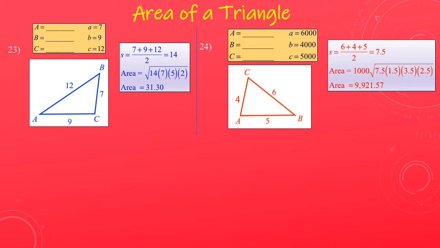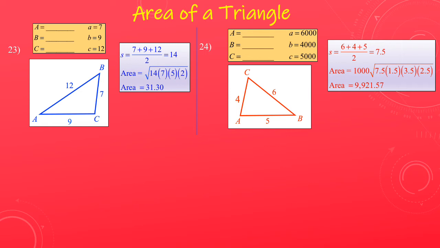We also had a 6,000, 4,000, 5,000 triangle. We created this and eliminated the thousands and just looked at a 6, 4, 5 triangle. And therefore, using Heron's formula, s is equal to (6 + 4 + 5)/2, or 7.5.